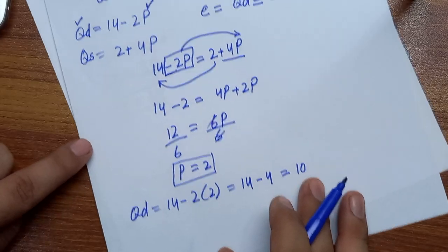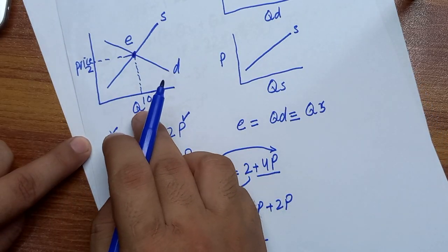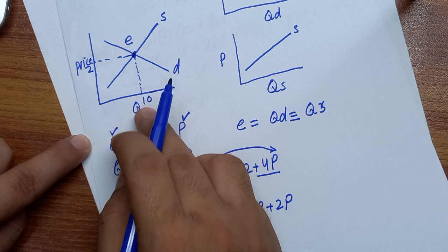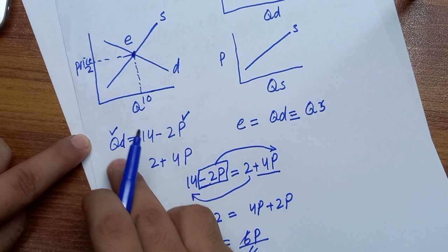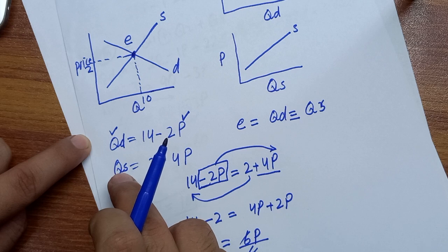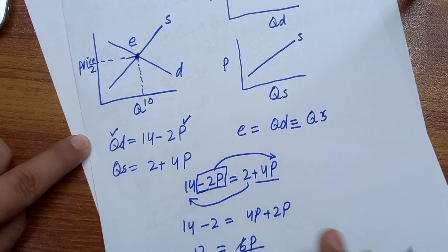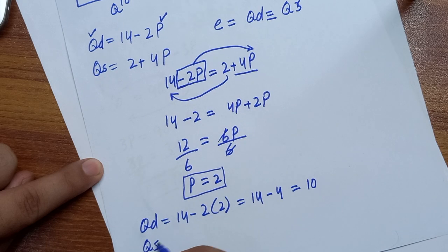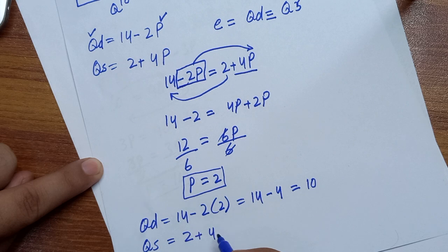Now at the equilibrium point, the quantity of demand is equal to the quantity of supply. We have found the quantity of demand, so the quantity of supply will also be equal to 10. Let's use the equation. Quantity of supply is equal to 2 plus 4.